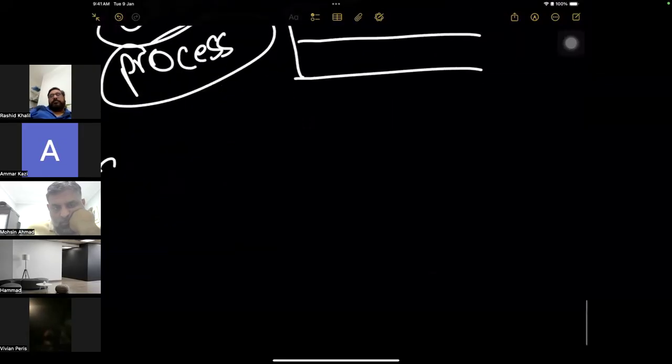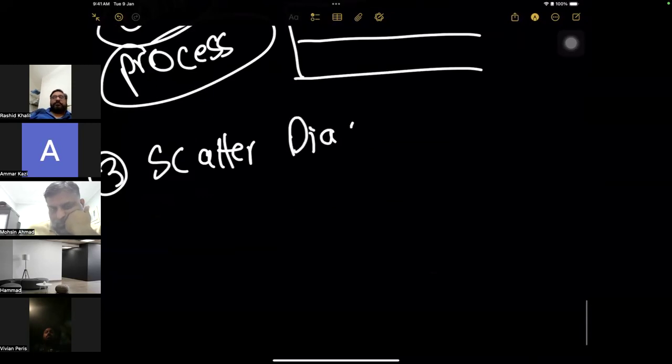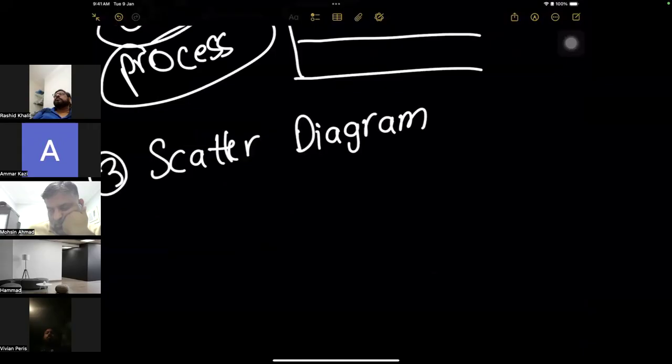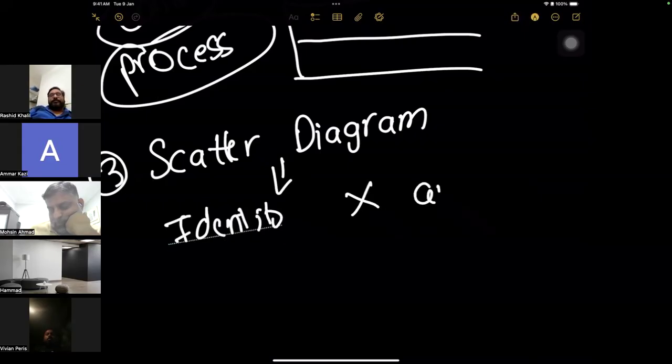What is a scatter diagram? It identifies the relationship between two variables. You can say regression analysis also, but the purpose is to identify dependencies between two variables.